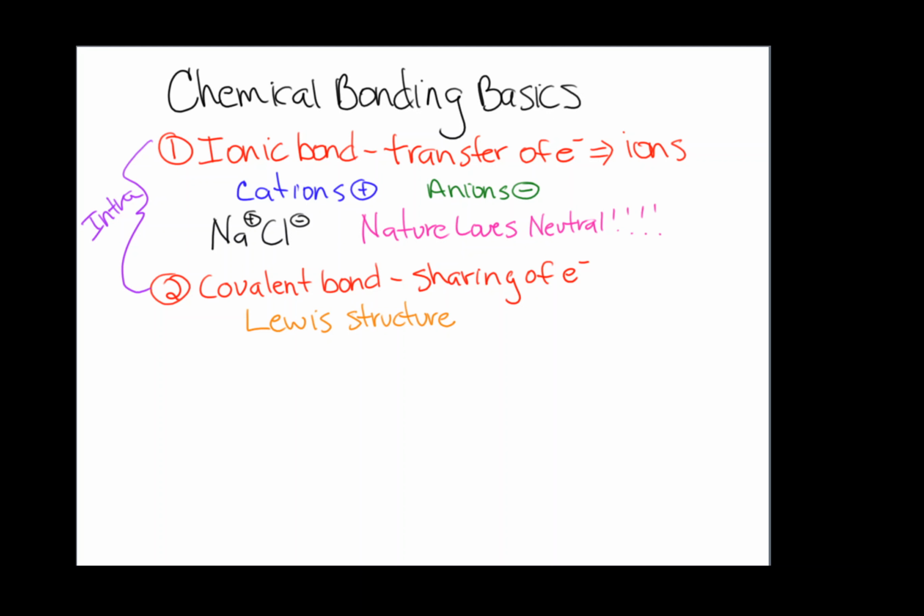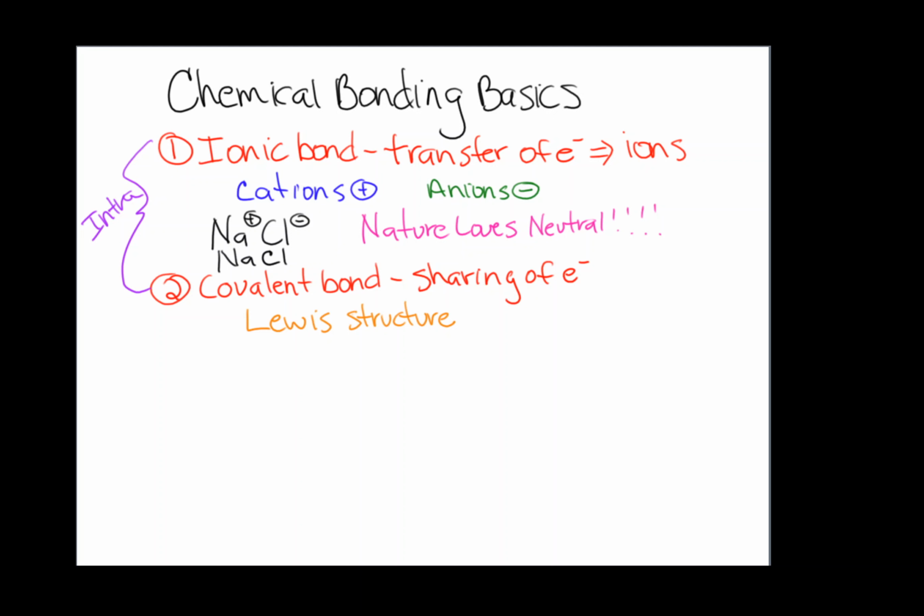So when you put two ions together, it doesn't matter how many there are, but you need to make sure that they overall cancel each other out because nature loves neutral. And so usually I don't draw these wonderful little charges. I would just say sodium chloride.